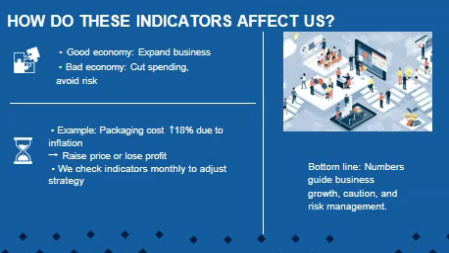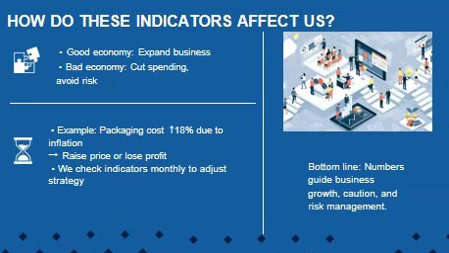So, our company tracks these macroeconomic indicators every month. This helps us make smarter decisions. By following the numbers, we can better understand economic changes. They help us know when to grow, when to be careful, and how to manage risks.